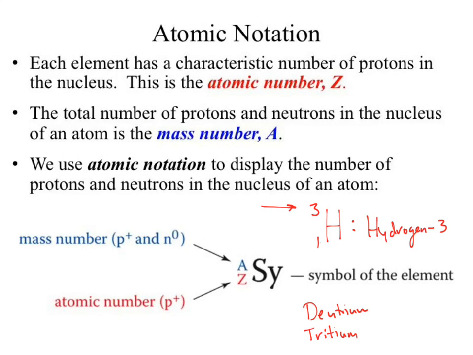If I have hydrogen 3, how many neutrons do I have? 2 neutrons plus 1 proton gets me the 3. So the mass number is just the sum of the protons and neutrons. That information can be given in that upper left-hand corner or written out in long form by writing out the element name. There is no unit associated with it.